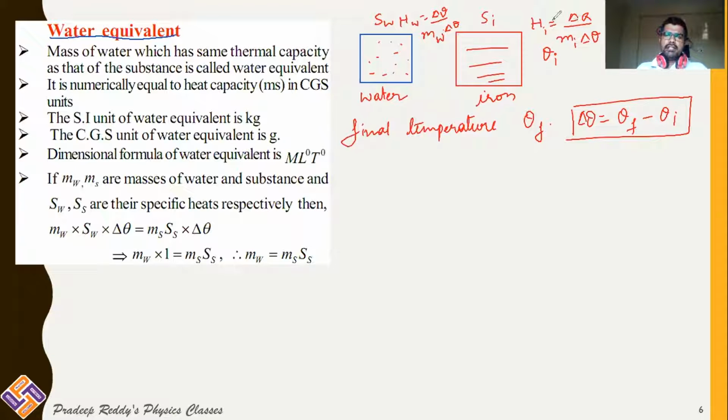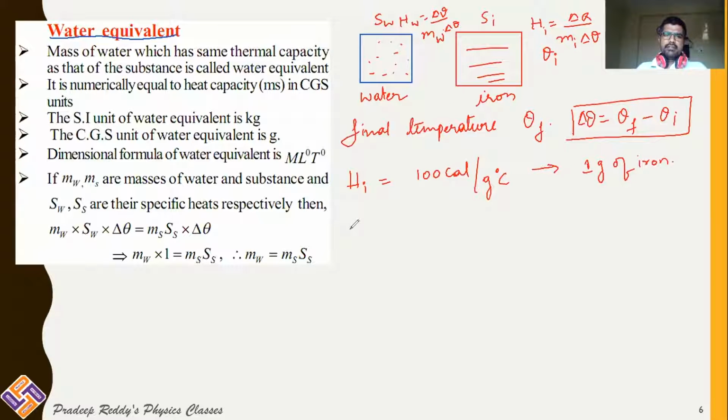Now, I am considering the heat capacity of iron. Suppose I get it as 100 calorie per gram degree Celsius. This is the heat capacity of iron for 1 gram of iron. Now, if you are considering water, water has some specific heat.